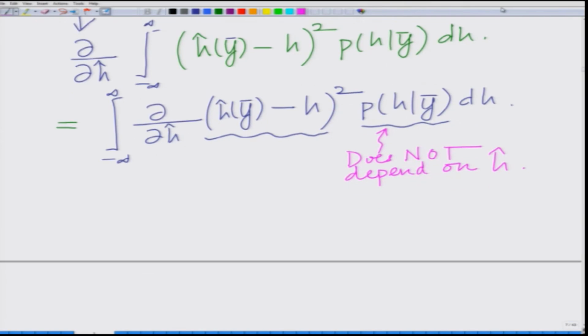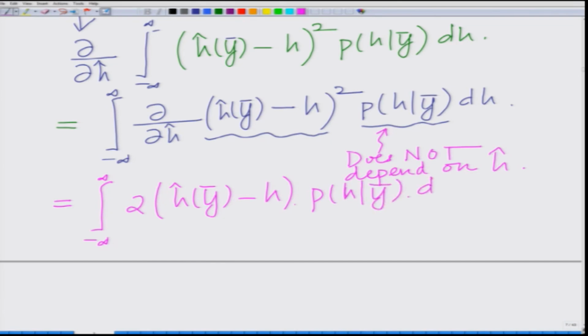Therefore, differentiating with respect to h hat, we have the integral from minus infinity to infinity of twice h hat of y bar minus h, p of h given y bar, dh.